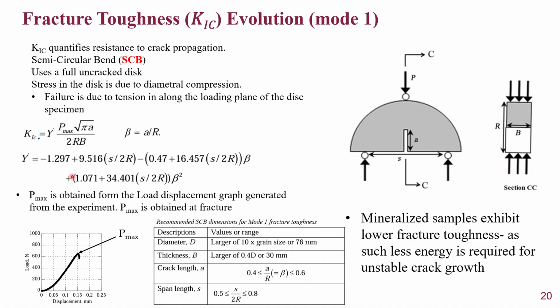Now the P max is the maximum load that causes the failure. Mineralized samples would exhibit lower fracture toughness, which means there is less energy required for unstable crack growth.